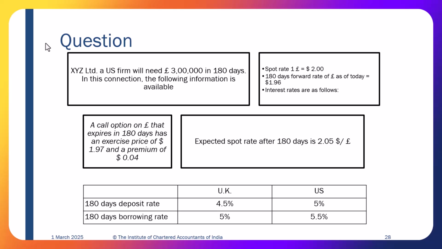How much? Difference of the two. How much does it come to? 0.08. Sorry, he is making a gain of 0.08, the difference of this minus this. He is sitting on this gain, multiplied by 3 lakh pound, which comes to $24,000.